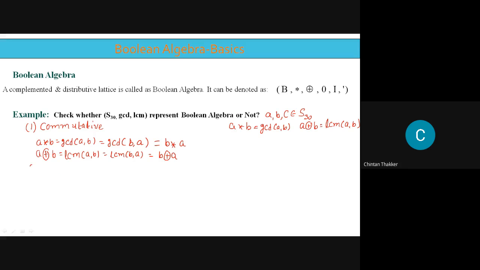Then for the second, the associative property, we have A star B star C, that equals A star (B star C).